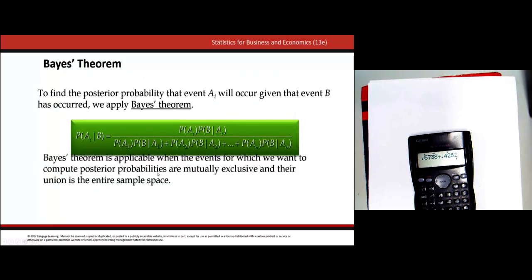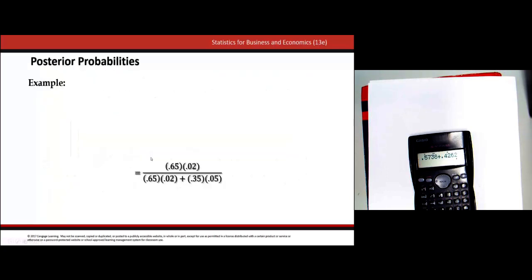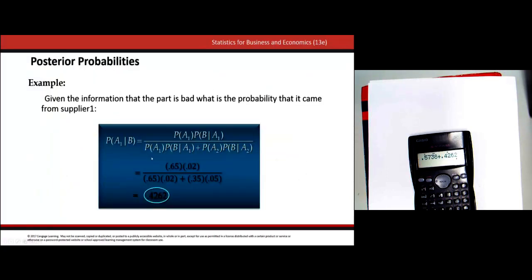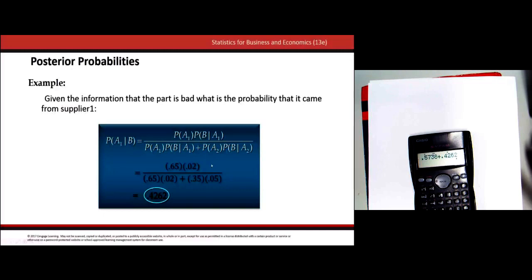And this is the formula for more than 2 suppliers. So now we have discussed Bayes theorem. You can always let me know if you have any questions.